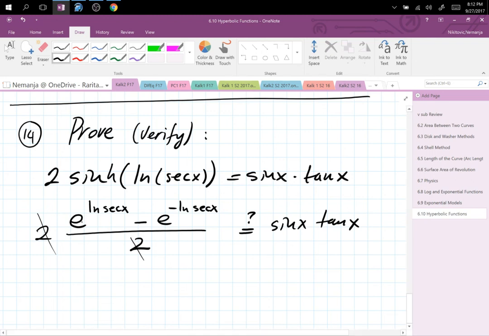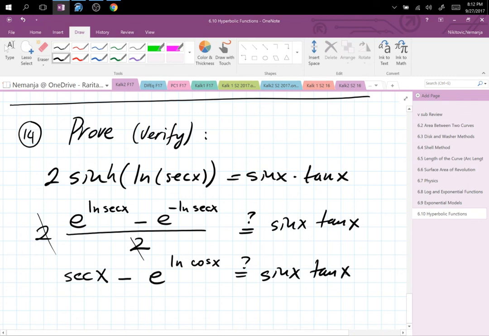The e and ln cancel, and I just get sec x minus, now on the other one, the negative goes as the exponent of sec x and makes it into e to the ln of cosine x, because 1 over sec x is cos x. Question mark, sin x, tan x.